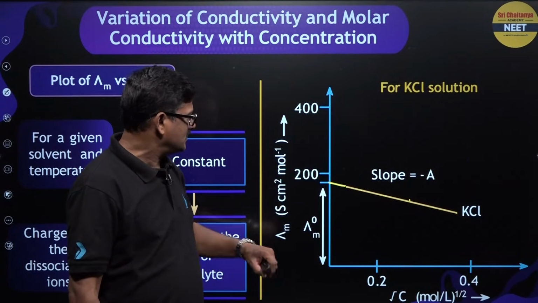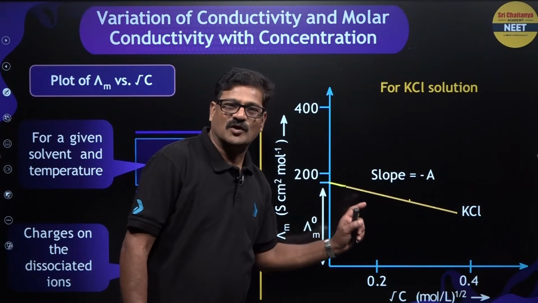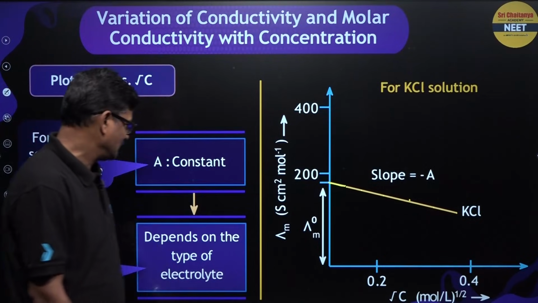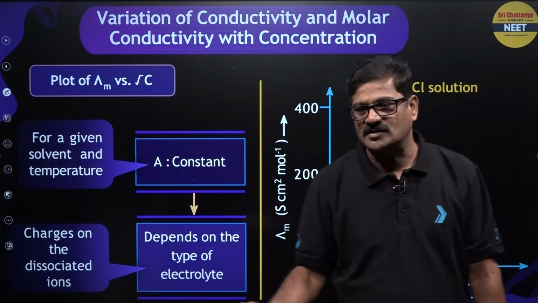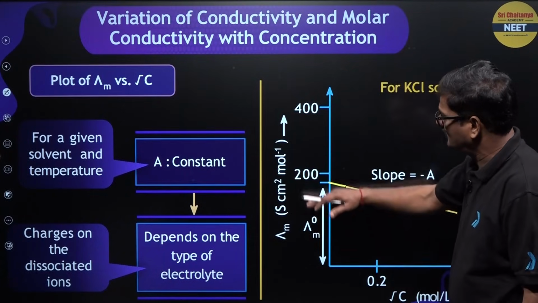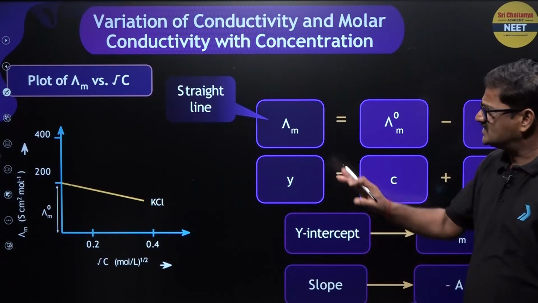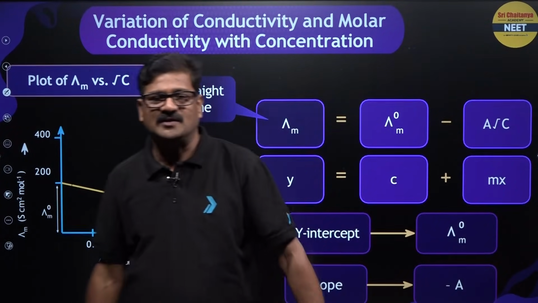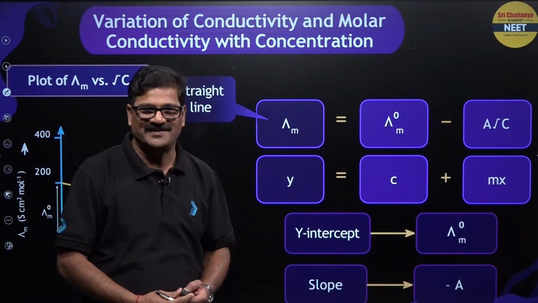On extrapolating, you are going to get the limiting molar conductance, and its slope is going to be negative A, and depends upon the type of electrolyte. There is a steady increase in the conductance. So it is a straight line, it has an intercept and follows the equation of a straight line. If you have any doubt, please let me know.